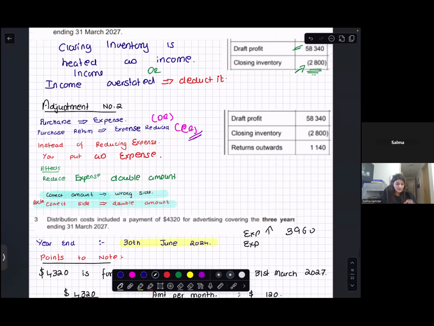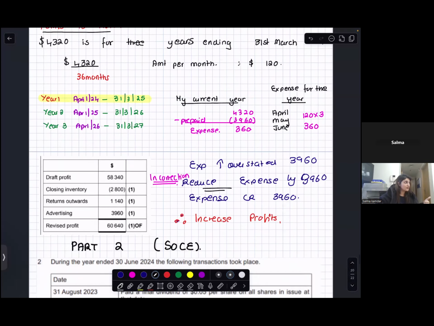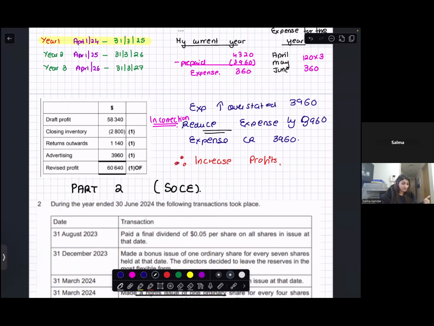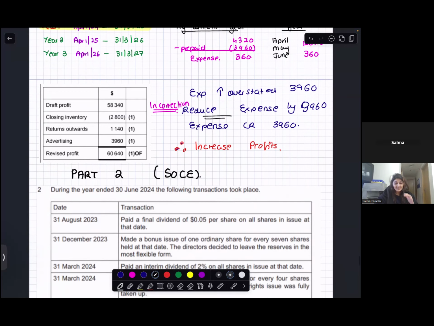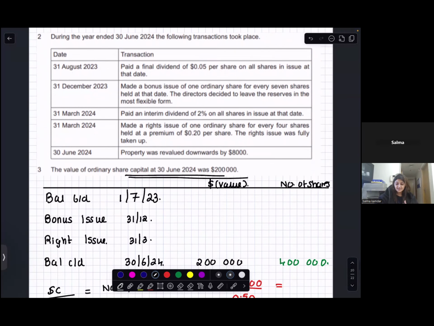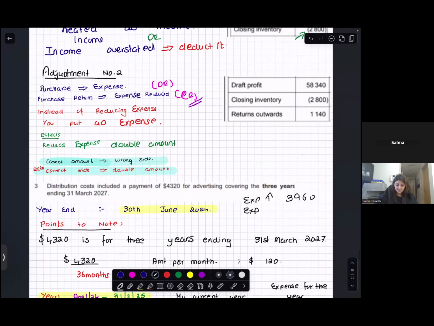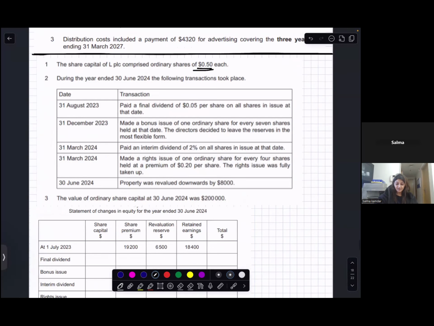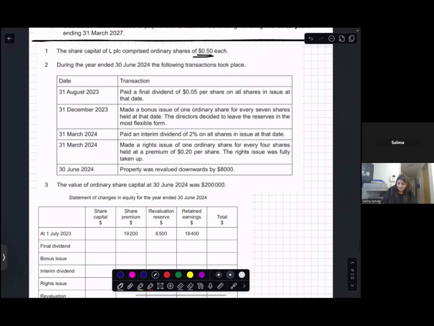So my question was, I had to find the corrected profit. We found the corrected profit. Now they're asking us to prepare an SOCE. This is the question that they have given us. Share capital is comprising of ordinary shares of 0.50 each. So I know very clearly that the face value of my shares is 0.50.